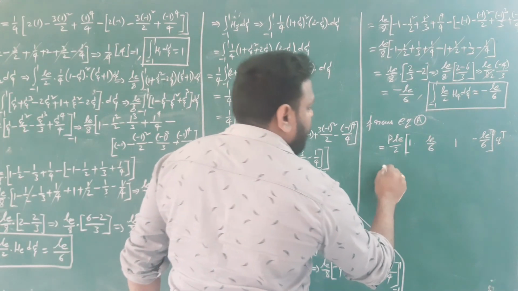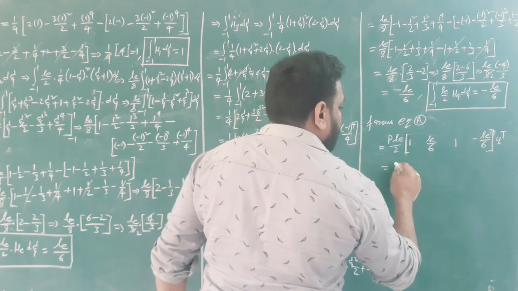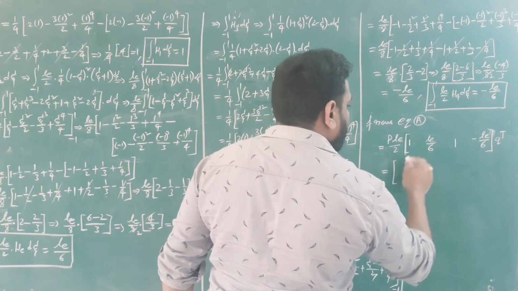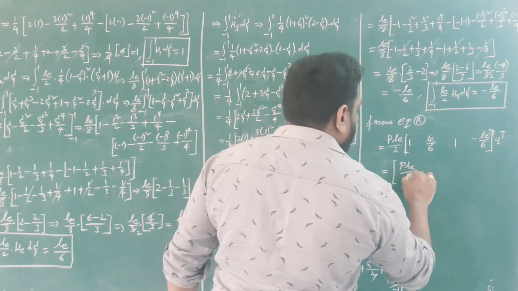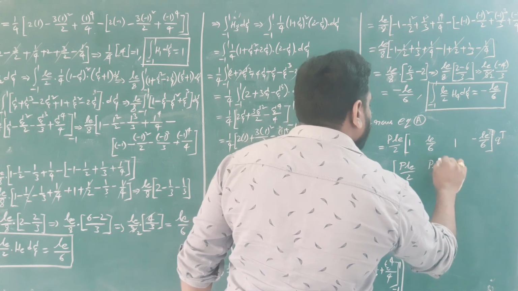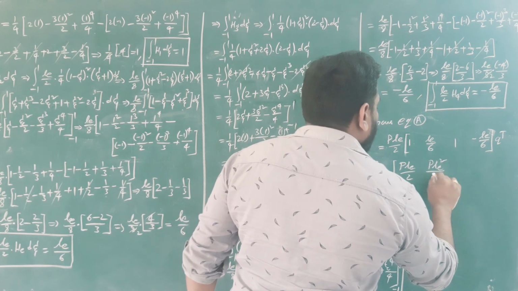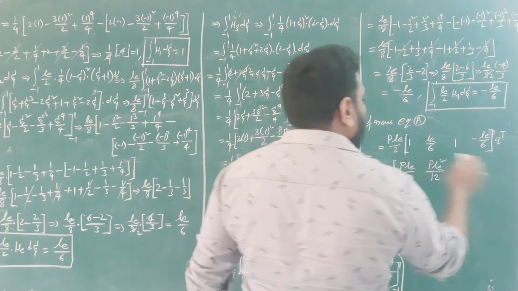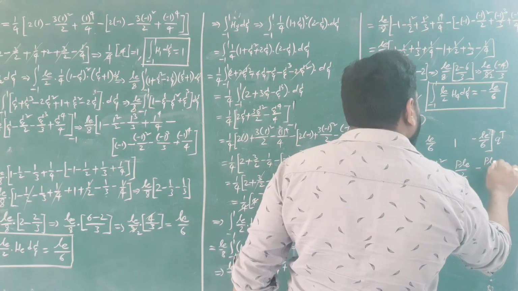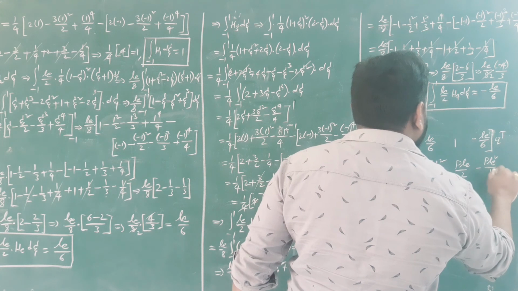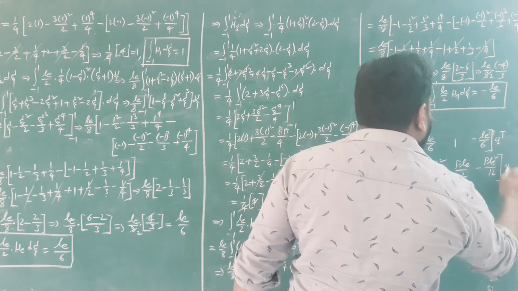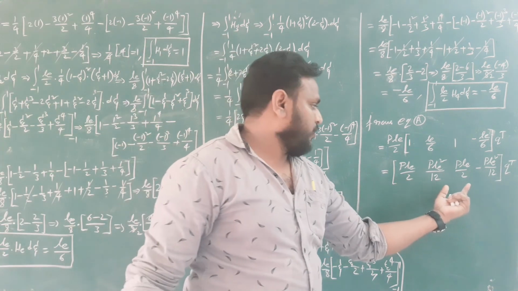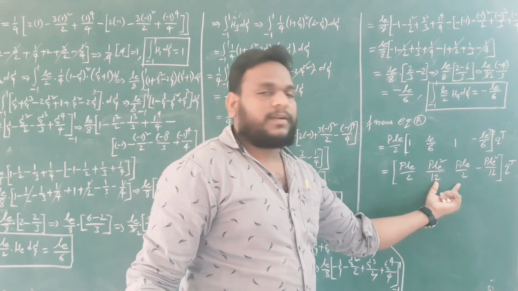Now multiply with LE by 2 the entire Hermite shape function matrix. Next we get P LE by 2, P LE square by 12, next P LE by 2, and minus P LE square by 12. Finally we got this, the force vector for a beam element.